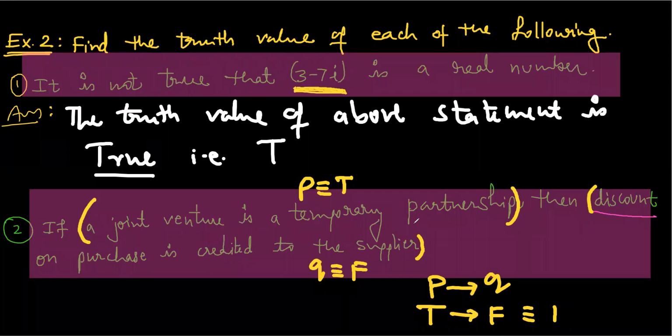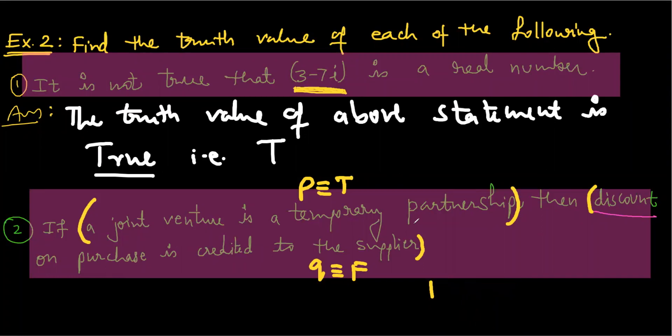If you want, you can write this solution as follows. Let me help you out writing the solution of this. Let P be a joint venture.